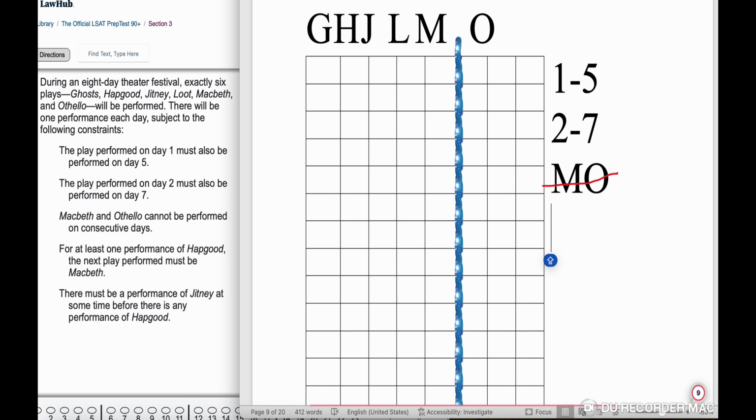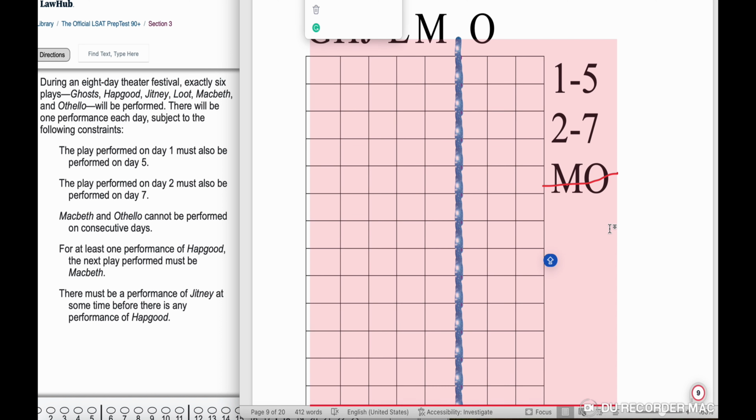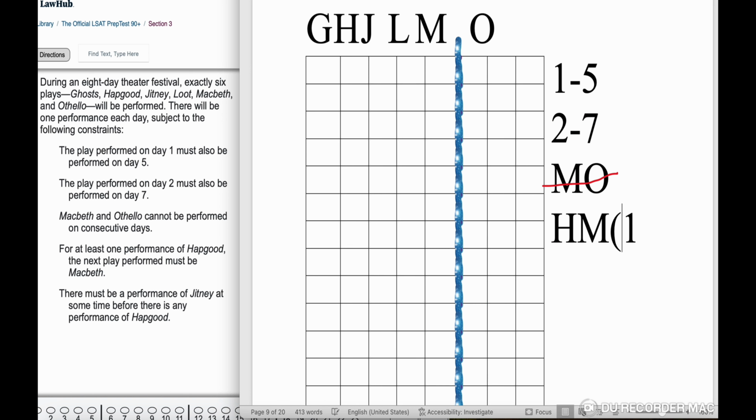For at least one performance of H, the next play performed must be M. So this is only going to be happening once, at the minimum. There must be a performance of J at some time before there is any performance of H. So J before H.